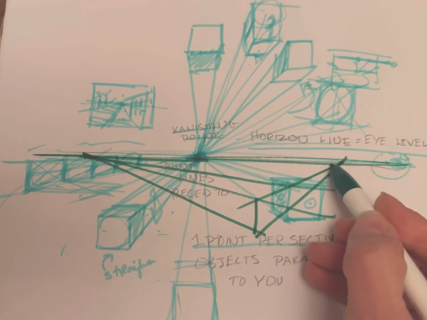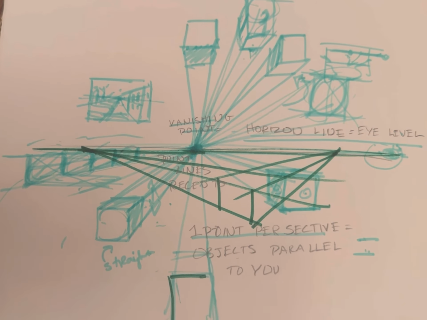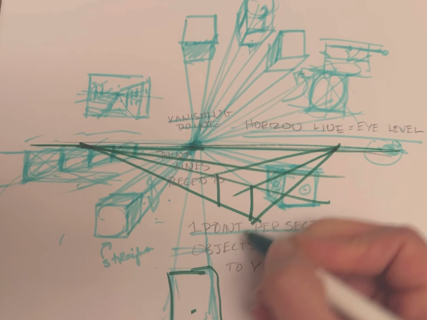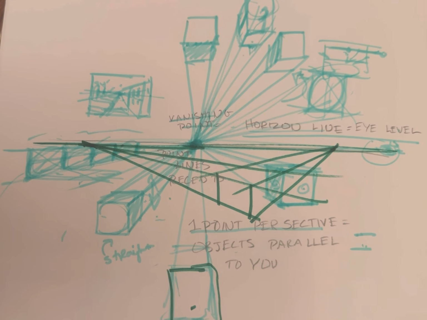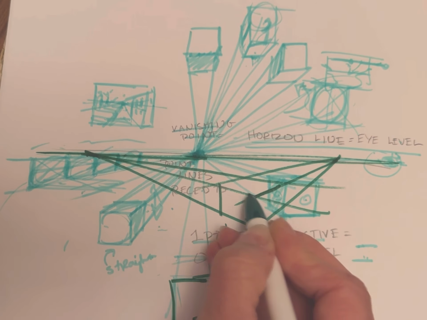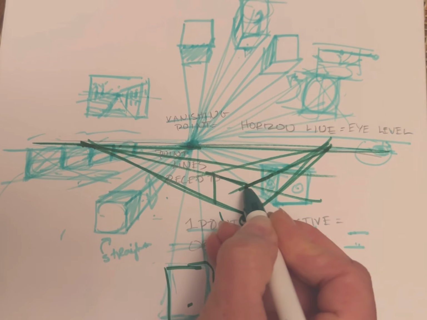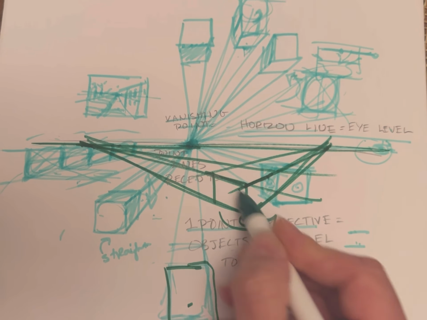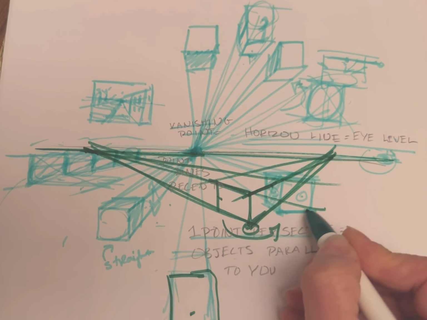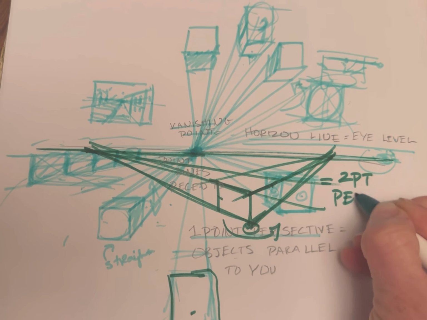So instead of seeing this flat front of it that's parallel to us, now we see this corner. Okay, and so now it goes back to two different spots on the same horizon line, and this is called two-point perspective.